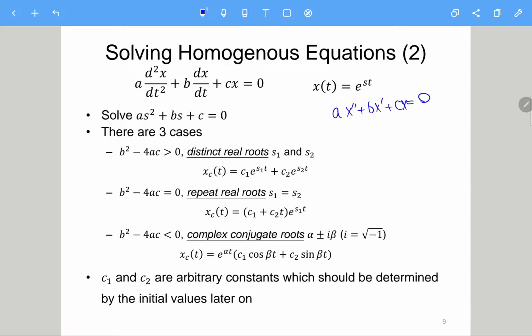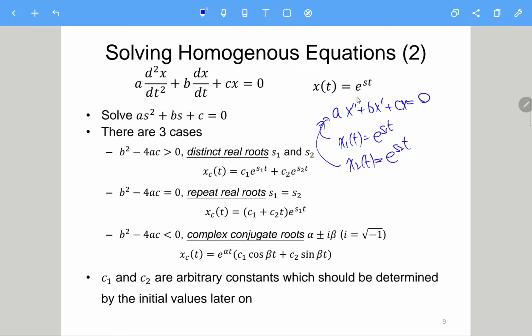After solving this, we get the roots to be s1 and s2, which means that x1(t) equals exponential s1 t is a solution, and also x2(t) equals exponential s2 t should also be a solution to this equation.